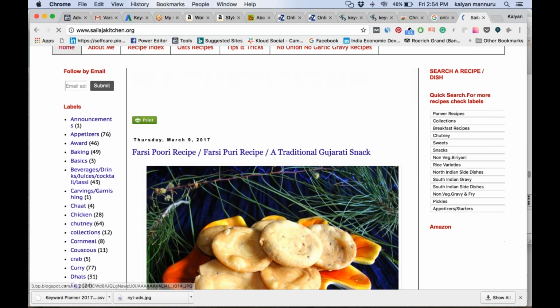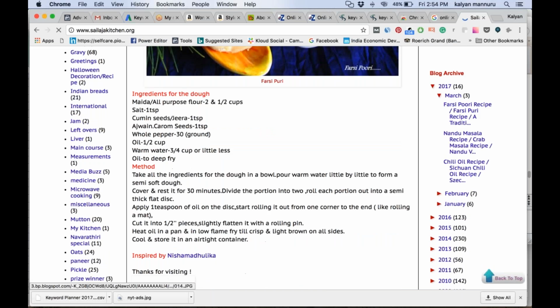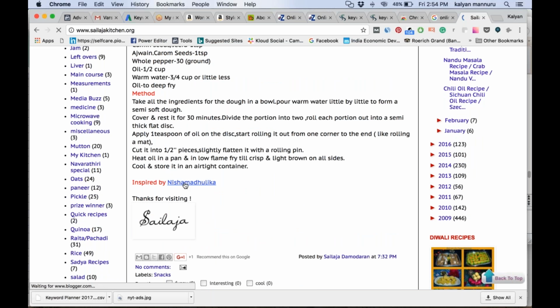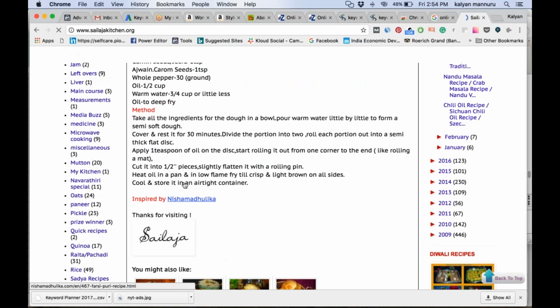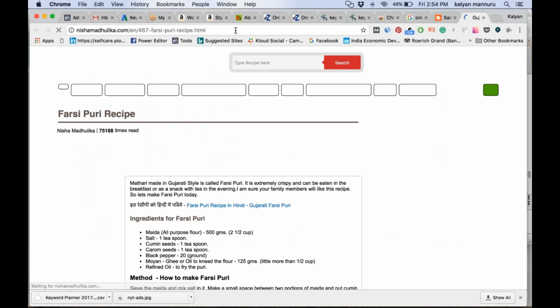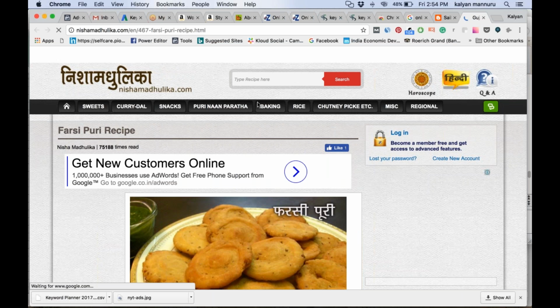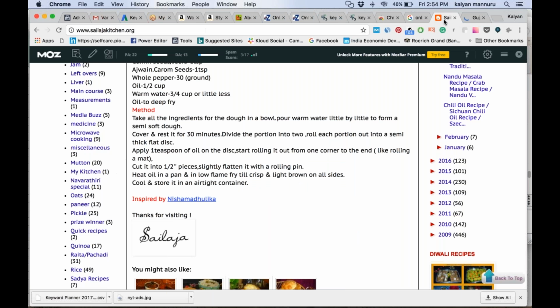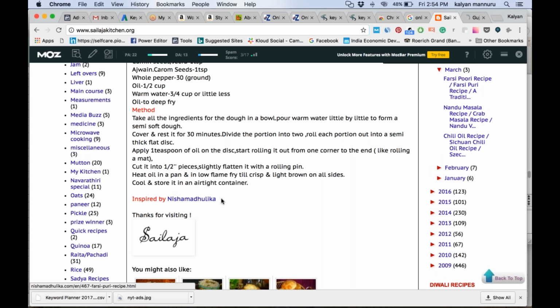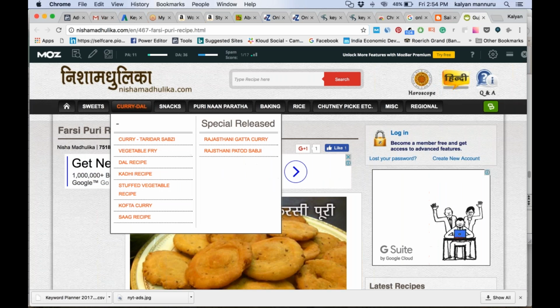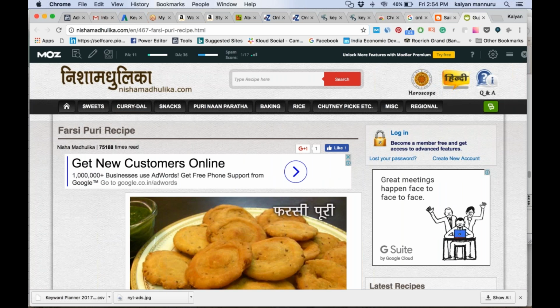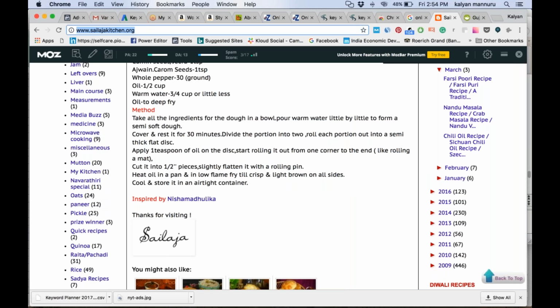I am opening the site. Here, this is called a hyperlink. It is blue in color and it is taking me to a new page. If I click, Nisha Madhulika is one more website. It is taking me here. So this hyperlinking is called an incoming hyperlink for Nisha Madhulika from shailajaskitchen.org.